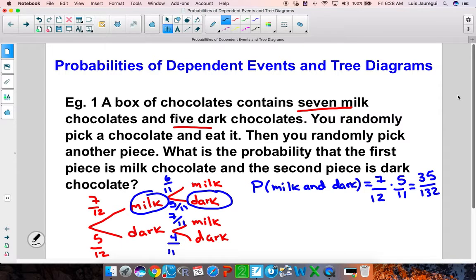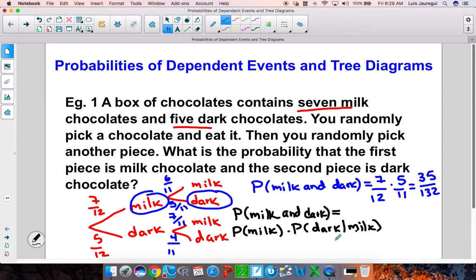You could also have used the formula for that. Okay, we can say the probability of getting milk chocolate and dark chocolate should be the same as the probability of getting milk times the probability of getting dark chocolate, given that you already had milk chocolate for the first chocolate.